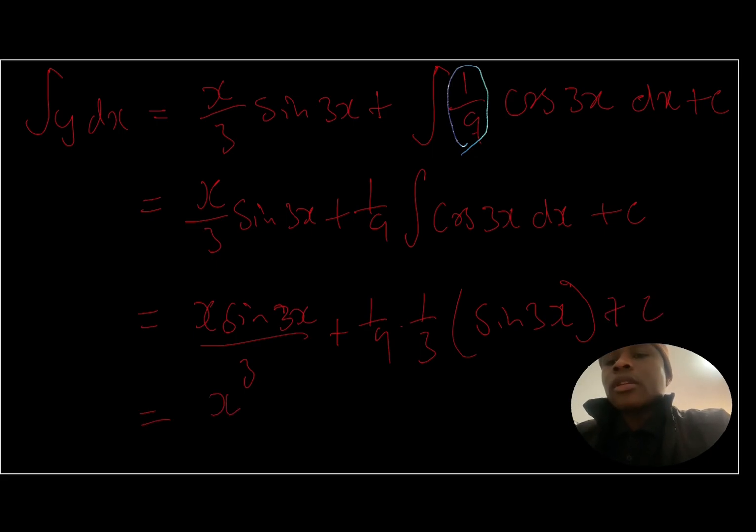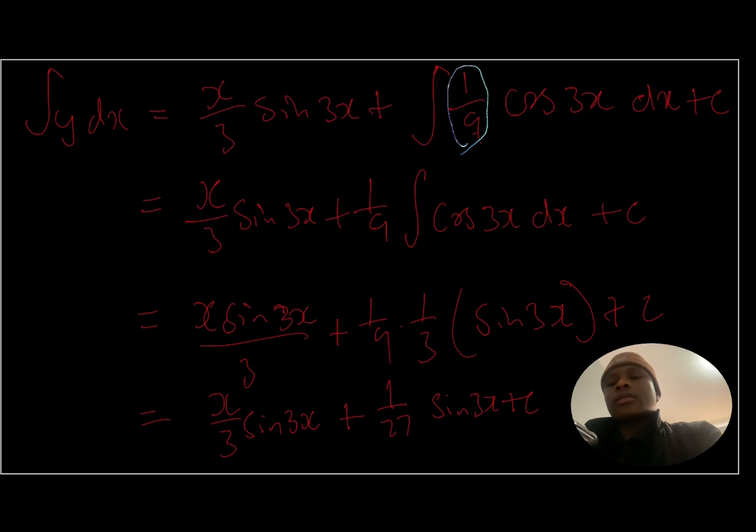Therefore, our answer will be x over 3 sin 3x plus 1/27 sin 3x plus c. Let me write this down accurately: x over 3 sin 3x plus 1/27 sin 3x plus c.